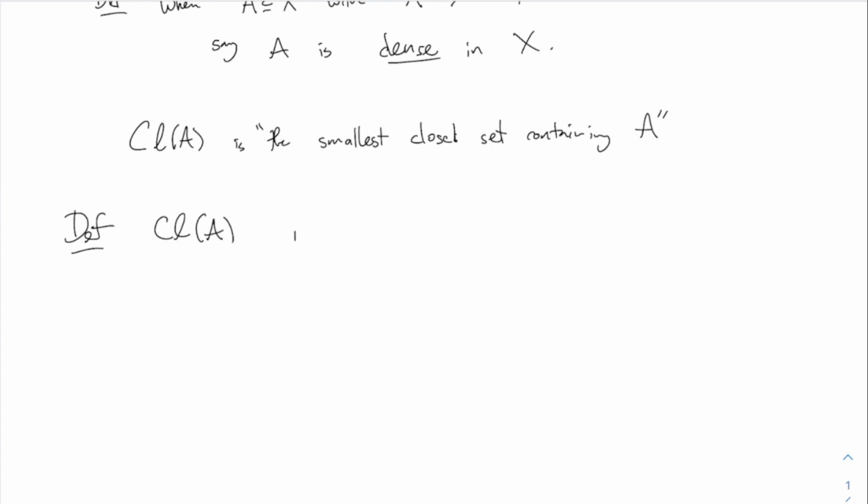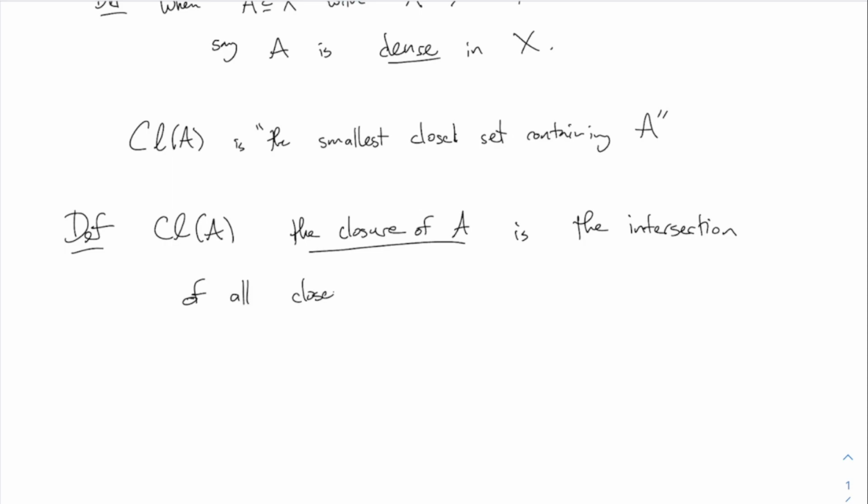This is the closure of A. It's defined to be the intersection of all closed sets containing A. All right, the intersection of all closed sets containing A.